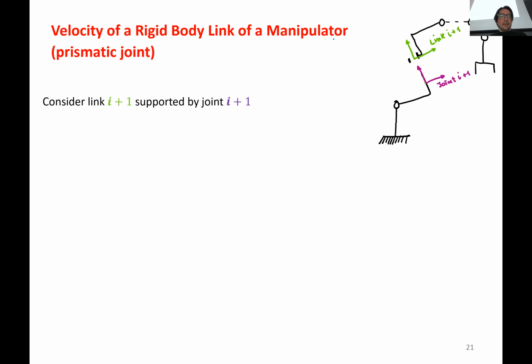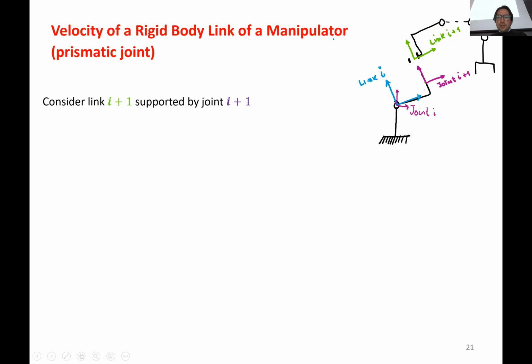Consider link I+1, indicated by the frame in green in the slide, supported by joint I+1. Remember that joint I+1 is the one that supports the link, and the motion is given along the axis of joint I+1.